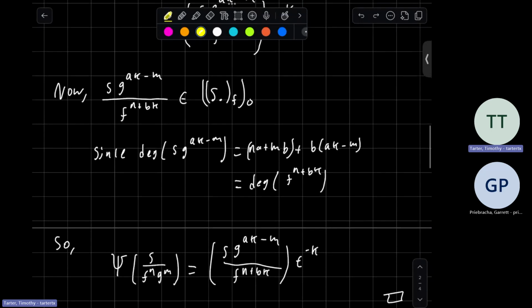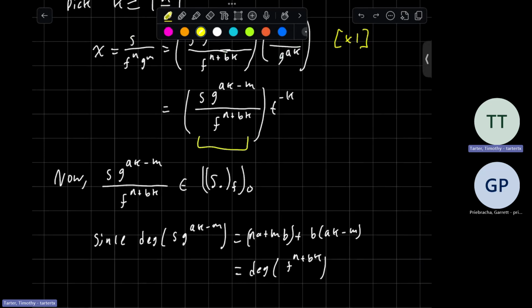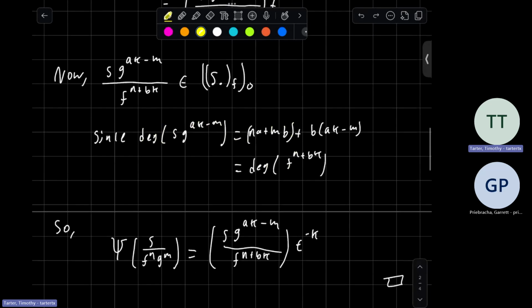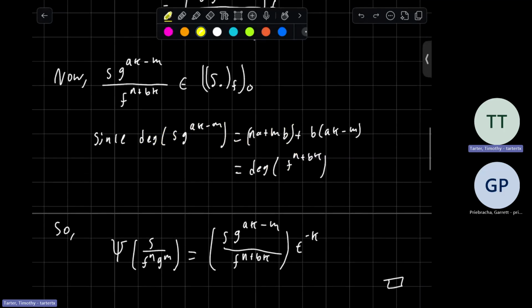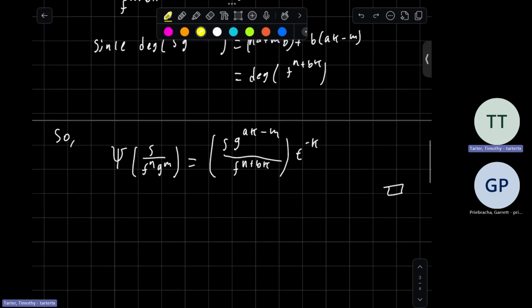And then we want to take this portion, which is in our 0 grade, and since the degree of the numerator is what we want it to be, the degree of the denominator basically makes this degree 0.